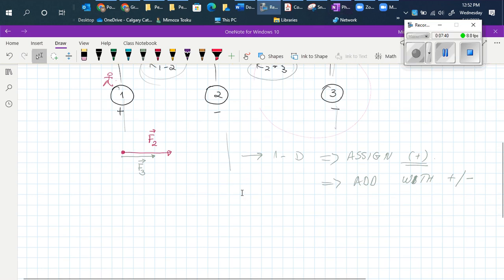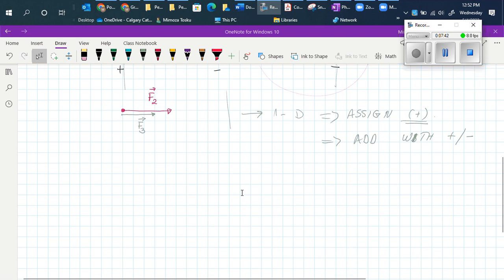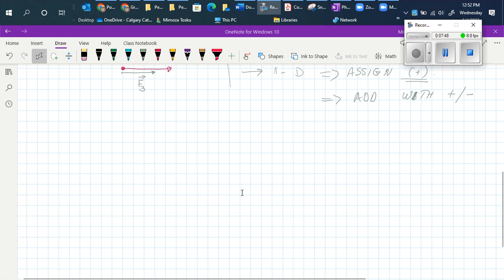Another question that is very typical when we are dealing with Coulomb's law is when we have those charges, and on top of everything that we said today, we will apply the conservation law of charges.